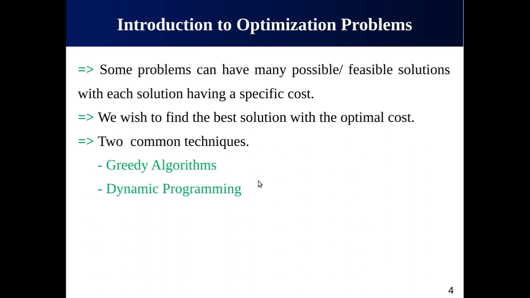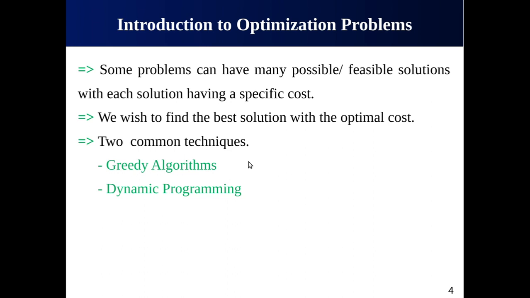In the field of algorithm analysis, some problems can have many possible or feasible solutions, with each solution having a specific cost related to it. As analysts, we always wish to find the best solution having the optimal cost. For that, we are always interested in finding the optimal and best solution among the available possible solutions.